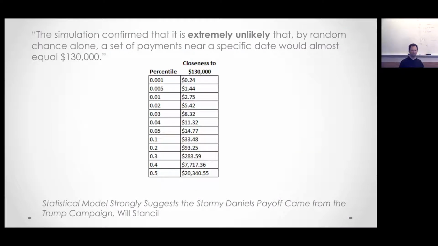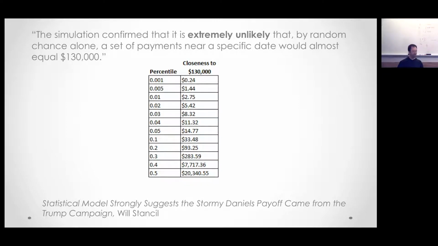And here's what they found. About 1% of the time we get to within $2.75. And that was their argument, that these campaign finance payments were actually the payments to Stormy Daniels.